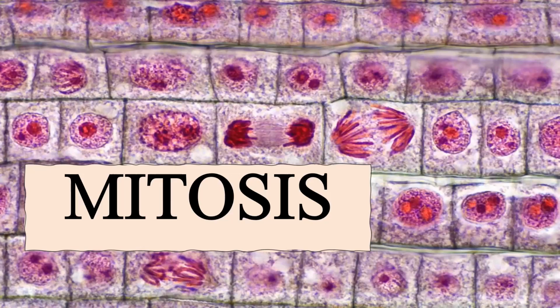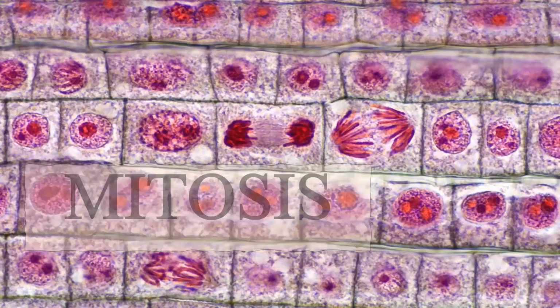The process ensures that each daughter cell receives a complete set of chromosomes and is identical to the parent cell. It is characterized by distinct phases, including the four that I mentioned, followed by cytokinesis, which divides the cell cytoplasm and organelles into two daughter cells.